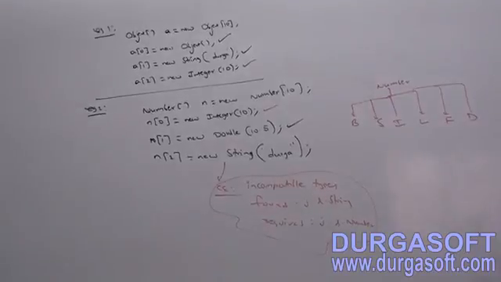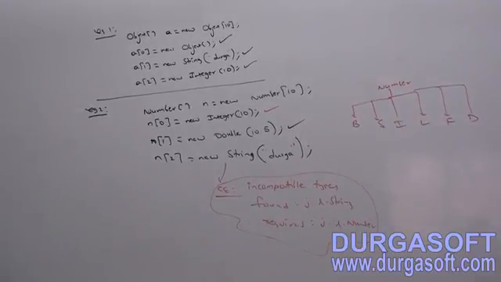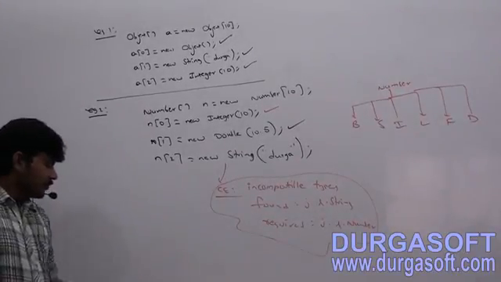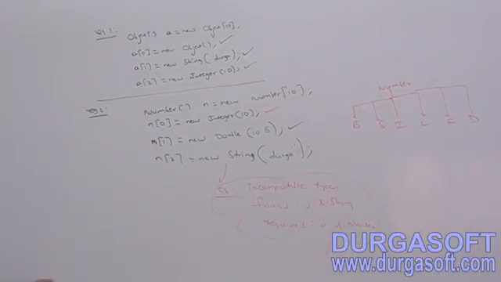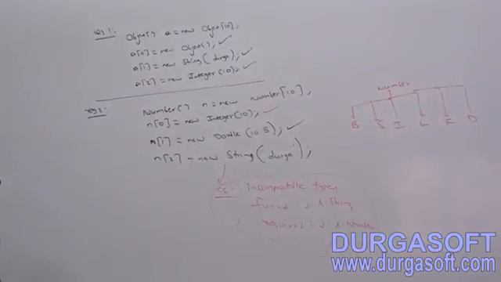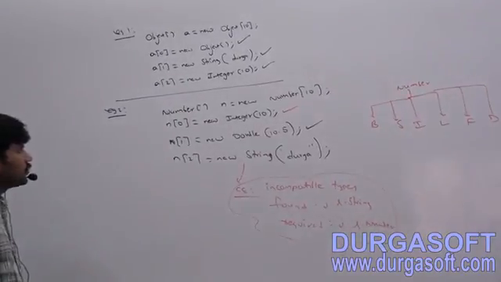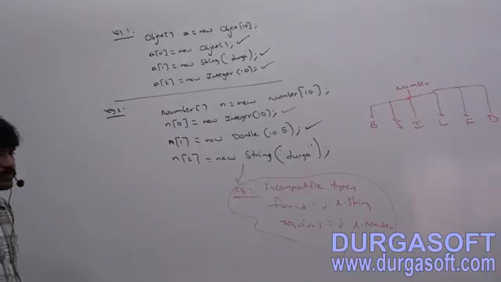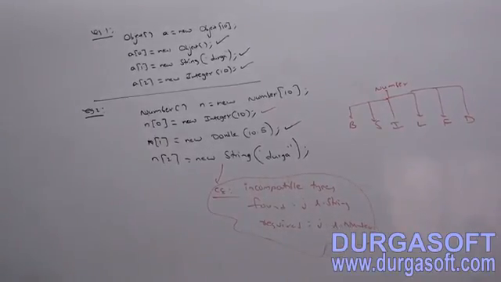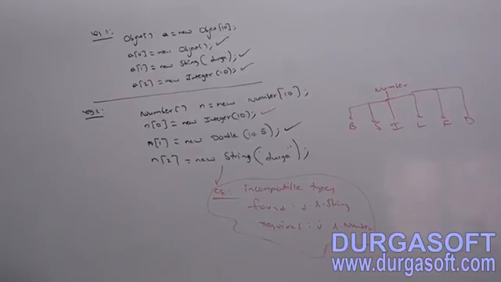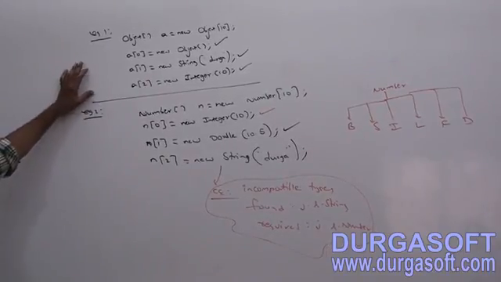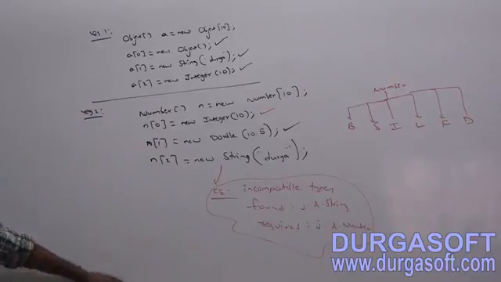Object array A is equal to new Object array of 10. A of 0 is equal to new Object. A of 1 is equal to new String of Durga. A of 2 is equal to new Integer of 10. Completed, right? Example 1. Next, example 2.